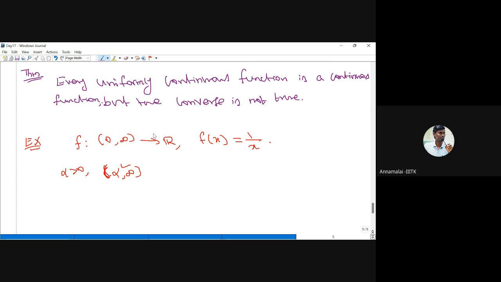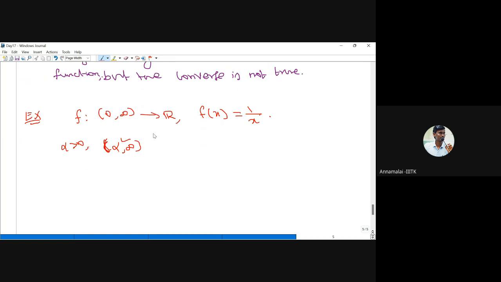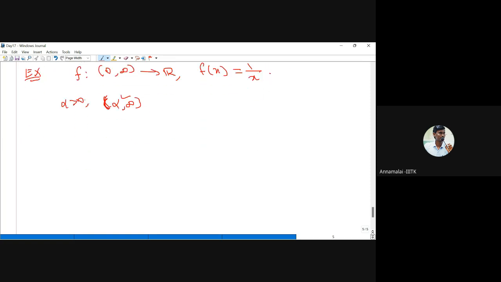There is a special property for uniform continuity. What is special in that? Suppose the function is uniformly continuous. If you give any Cauchy sequence in the domain, it maps to a Cauchy sequence. That is a very important property of uniform continuity. So I state the theorem.